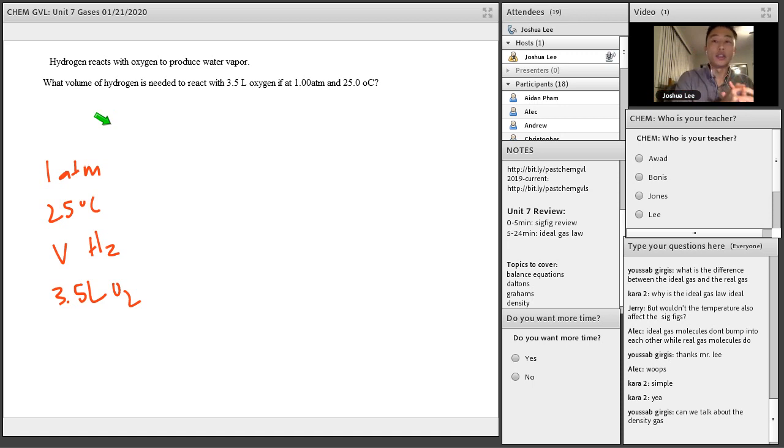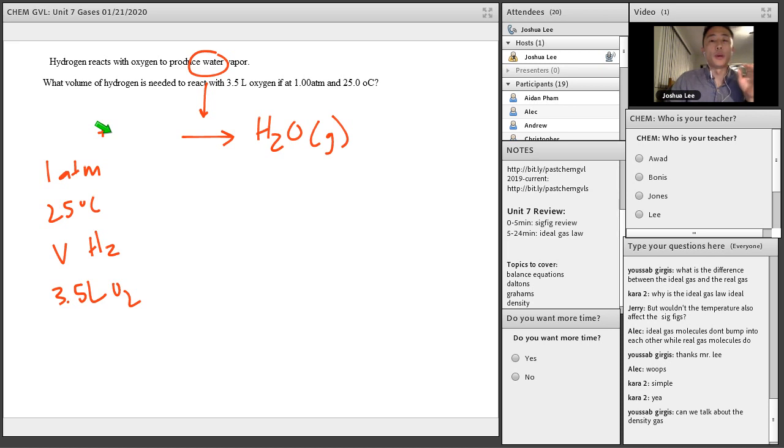The first thing you have to be able to do is at least write out the compounds involved. Hydrogen reacts with oxygen to make water vapor. So at least you know this part is going to be my forward arrow. Water vapor, I know that at least: H2O, gas. Hydrogen reacts with oxygen, so definitely a plus.